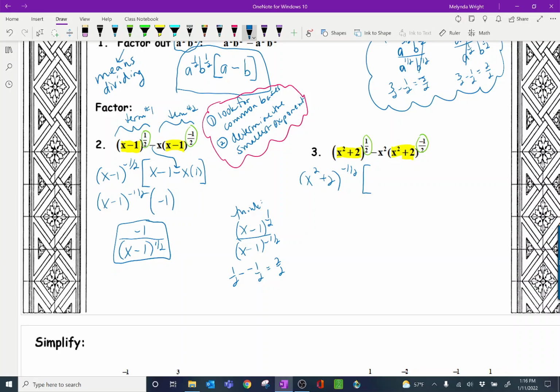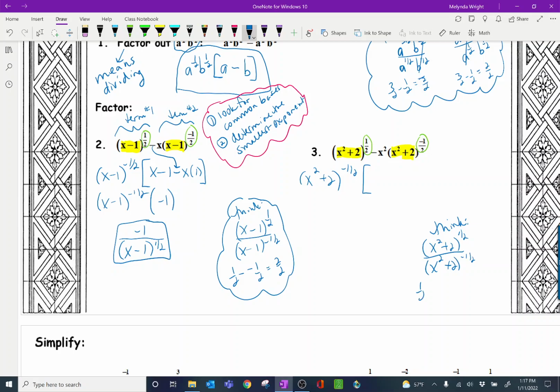Okay, so let's do our thinking box. These again are just little thinking boxes. You don't have to write them. It's just going to help us process. Let's see, I've got x squared plus 2 to the 1/2, and I'm going to factor or divide out x squared plus 2 to the negative 1/2.